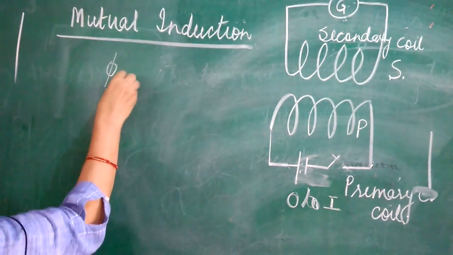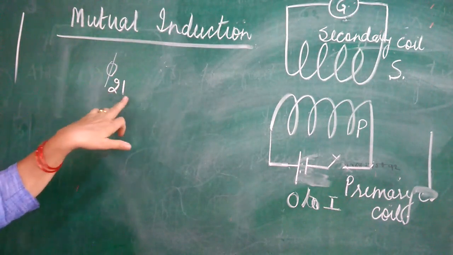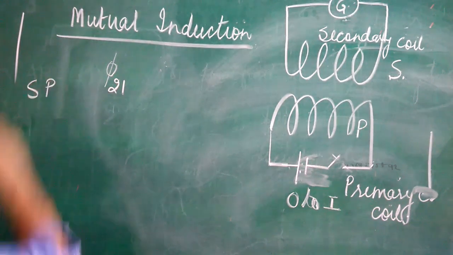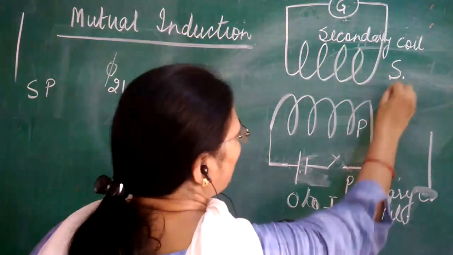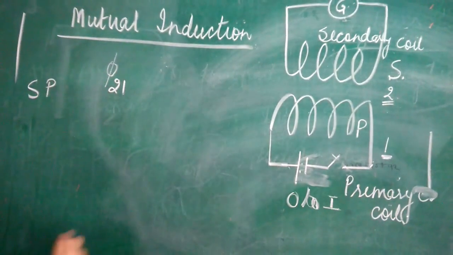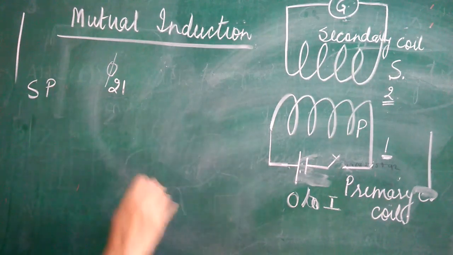So phi 2 1 is the magnetic flux linked with the secondary coil due to the first. You can also use S and P, or you can use 1 and 2 here, depending upon whichever book you are using. So these are the same things. In some books you won't get 2 and 1; it will be simply for the two coils. So all of them are the same.